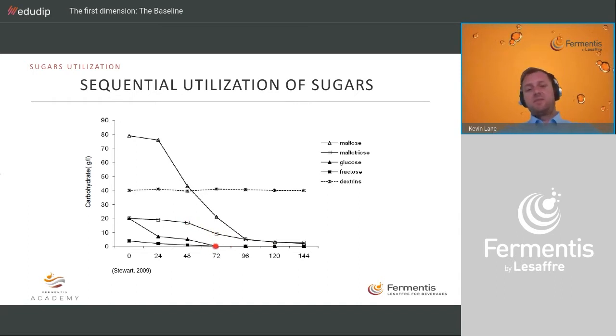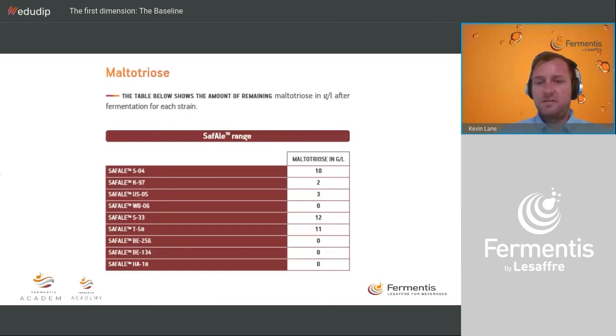You can see that the simple sugars are nearly eliminated in fermentation, and then the maltose and maltotriose mostly eliminated, still with some residual sugar at the end of fermentation. Additionally, you can see in this fermentation that the dextrins are not affected. That means that it's not a diastaticus, which we'll talk about briefly in the future.